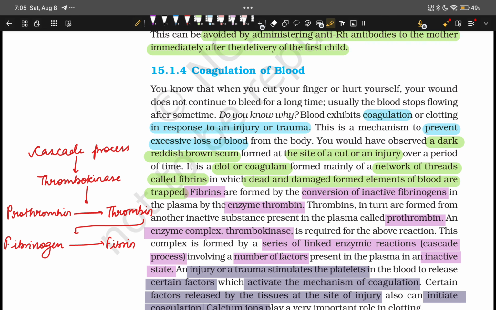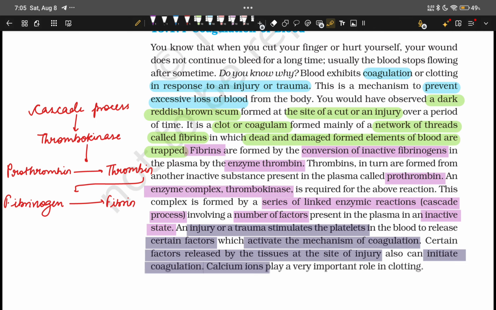Now, how are these fibrins formed? We have to understand that fibrins are formed by conversion of inactive fibrinogen by the enzyme thrombin. Thrombin is the enzyme present in the plasma which helps to convert fibrinogen into fibrin. Thrombin is formed from an inactive substance present in the plasma called prothrombin, and prothrombin is converted to thrombin with the help of the thrombokinase enzyme.